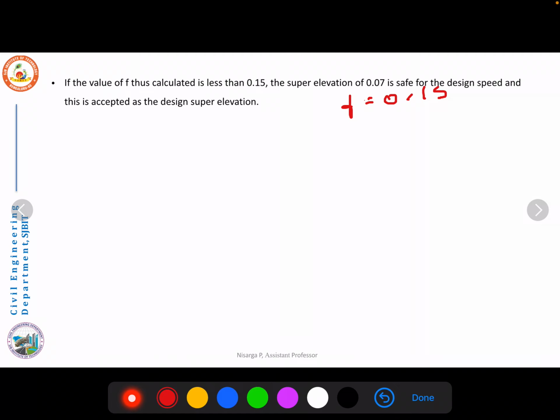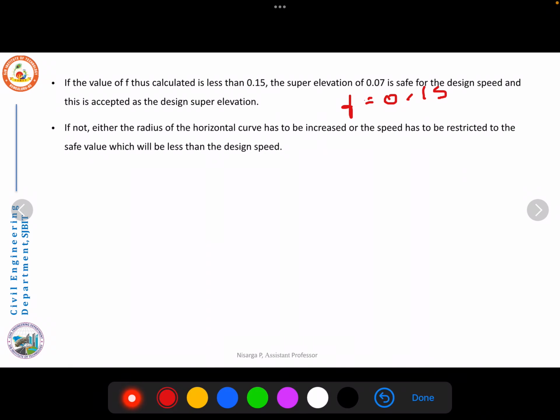If it is more than 0.15, then the value we have designed is safe and the design will be accepted. If the friction value is less than 0.15, then either the radius of the horizontal curve has to be increased or the speed has to be restricted to a safe value.